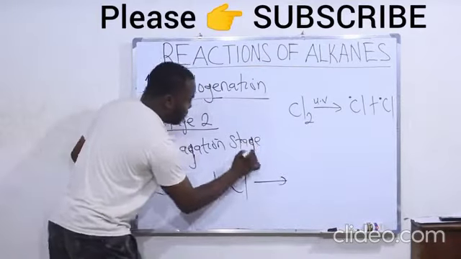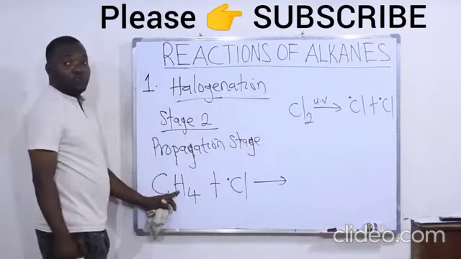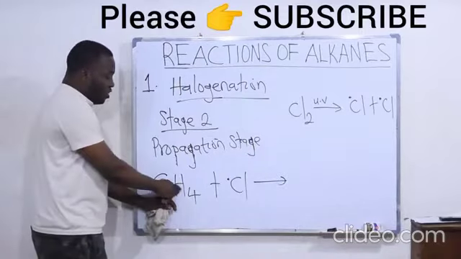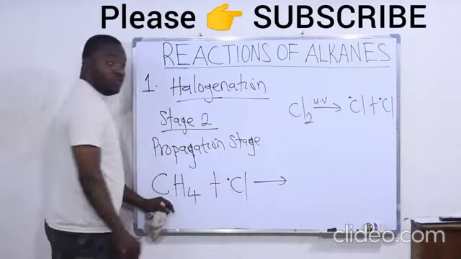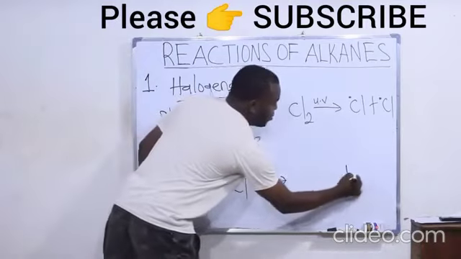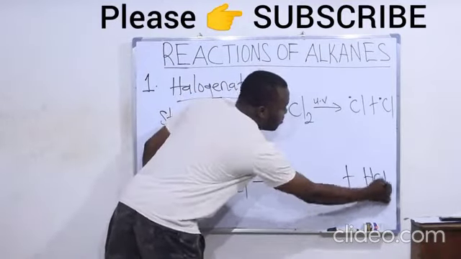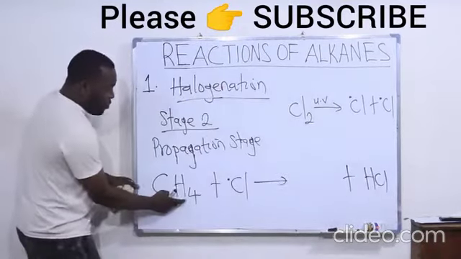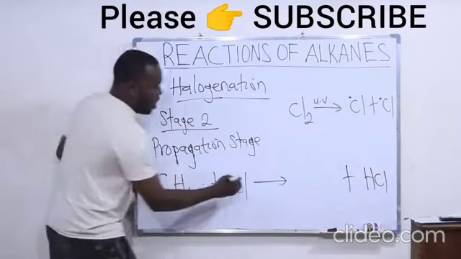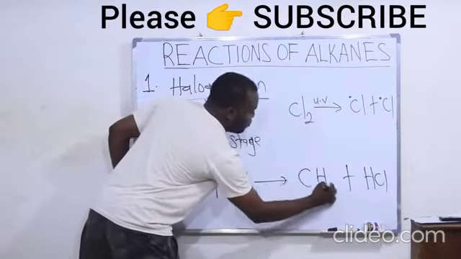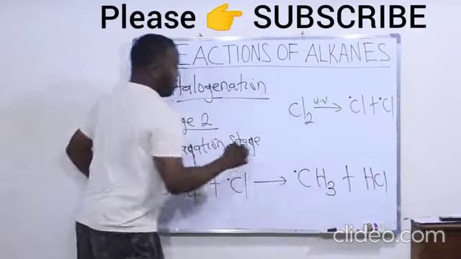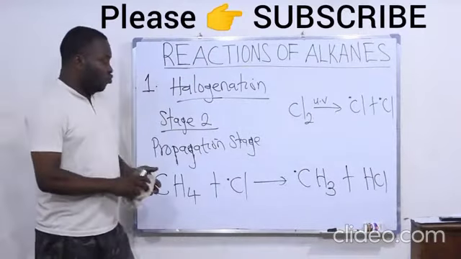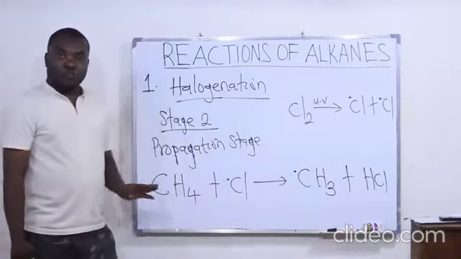Attacking the alkane means knocking out one of the hydrogen atoms. So one of the hydrogen atoms here will bond with the free radical here, giving us HCl. Now there will be a vacant space created here. We'll now have a CH3 radical. This is what happens at the propagation stage.